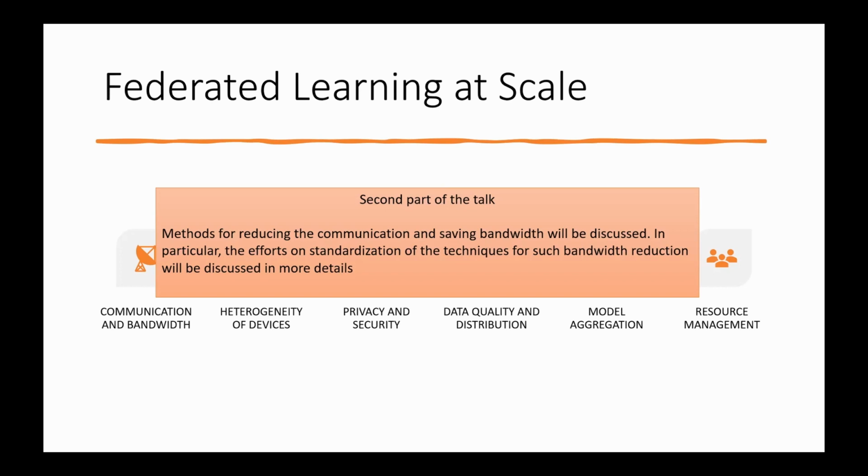We could shift to the second part of the talk, in which my colleague would talk more about methods for reducing and saving communication bandwidth. Especially, we have been doing quite a lot of standardization within MPEG, and I think it has been since 2018 that a neural network compression standard has been going on, which also targets the efficiency of model compression for federated learning scenarios.